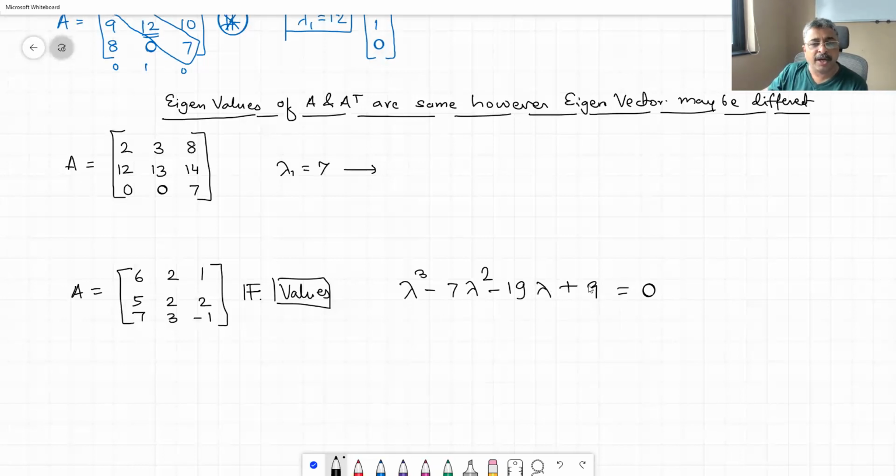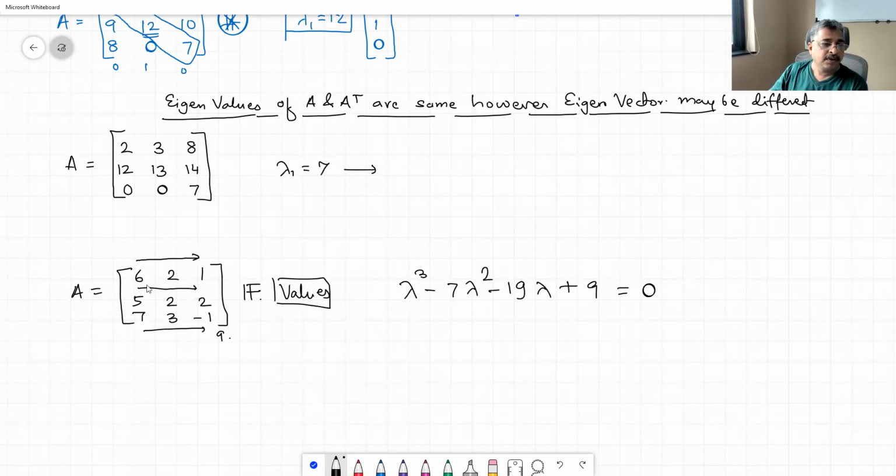Okay, so suppose you have this polynomial with you, then unless you have the first root, you will not be able to decompose this polynomial into factors. So the trick here is, now you observe the summation of all the entries in each row is 9.